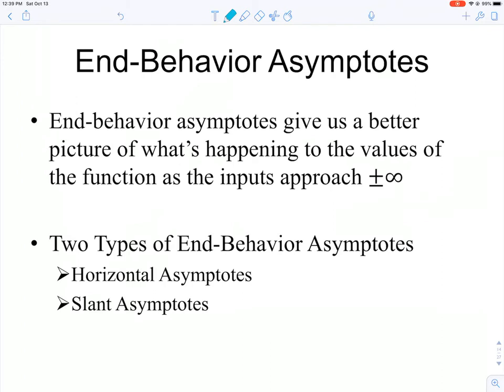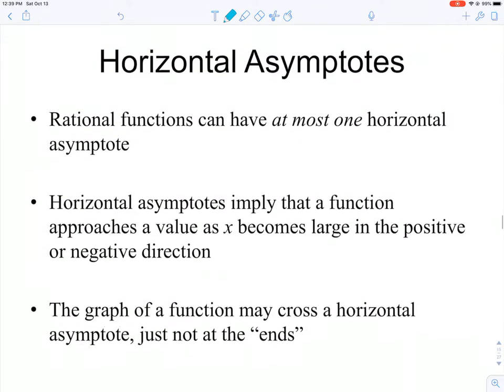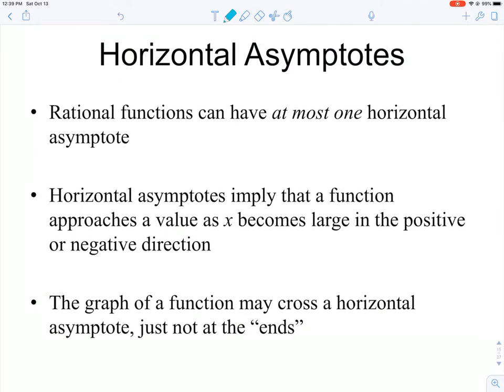So like I said before, there's two types of end behavior asymptotes, horizontal asymptotes and slant asymptotes. So rational functions can have at most one horizontal asymptote. There are other types of functions that might have two horizontal asymptotes, so different horizontal asymptotes for different end behaviors, so as x approaches positive versus negative infinity.